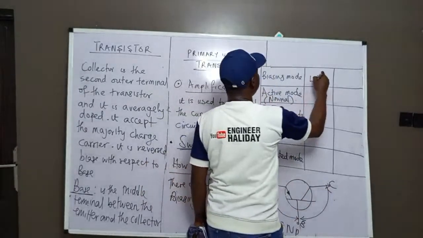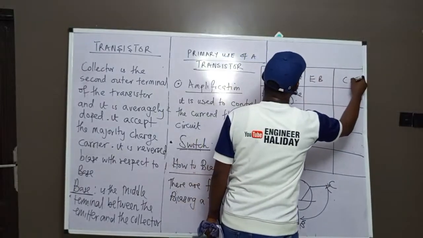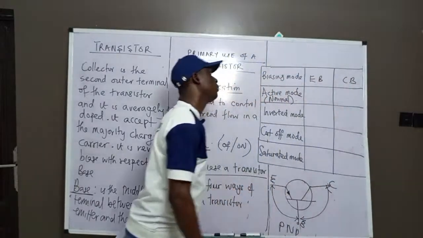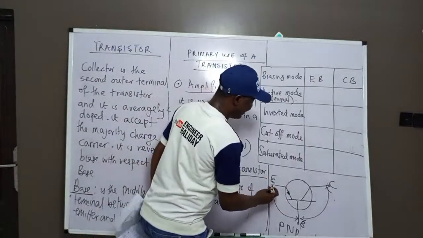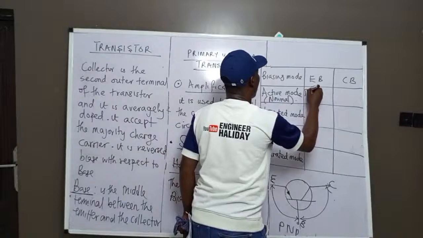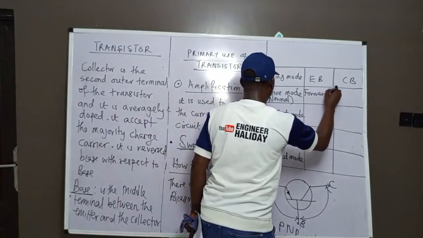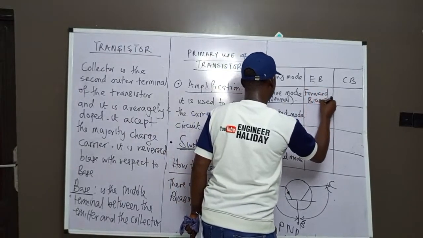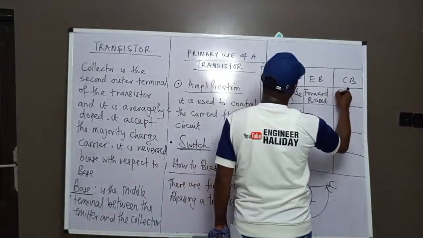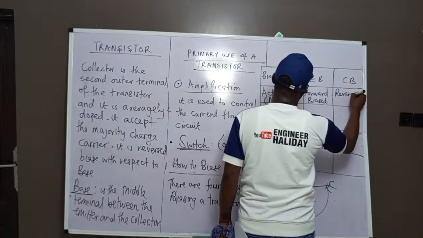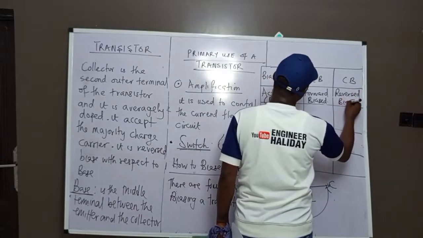Now, in the normal mode, the emitter base is forward biased, while the collector base is reverse biased. This is the normal one.